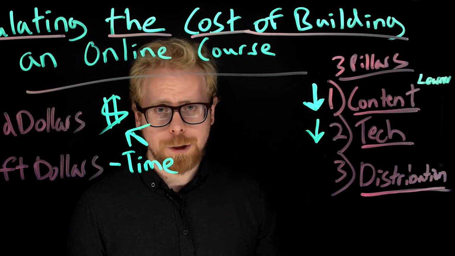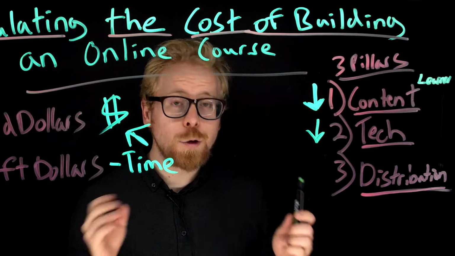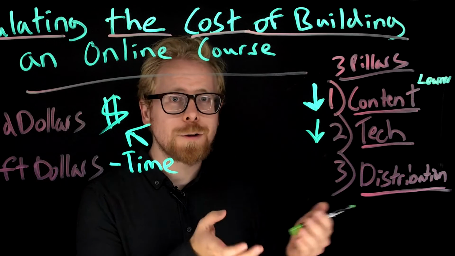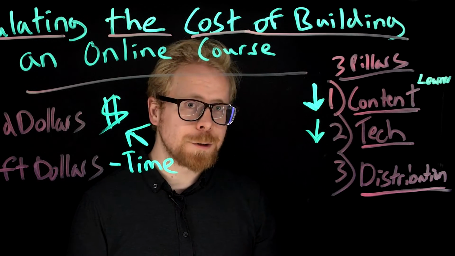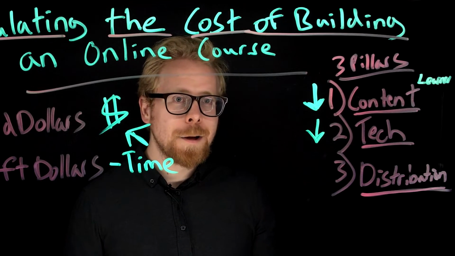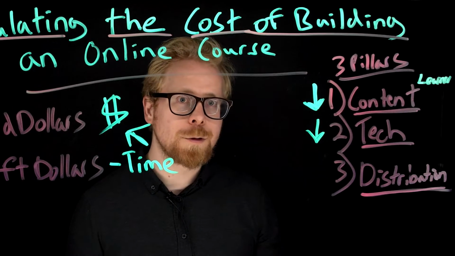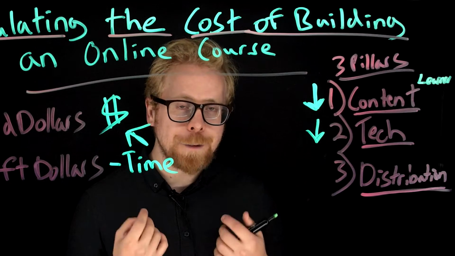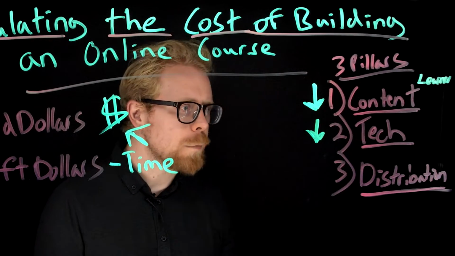But technology really doesn't need to be overthought. You just need something that your learners are already used to using, like a user experience they're already used to using. And you don't need to sign a multi-month, multi-year agreement with any e-learning platform to get a lot of value out of a technology. So you can save a lot of money on tech.